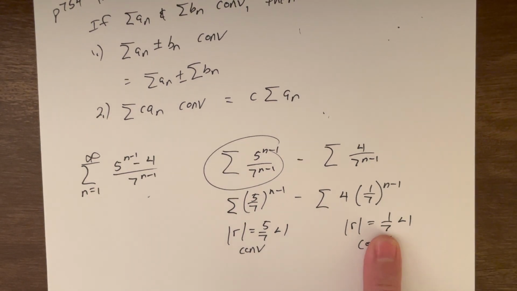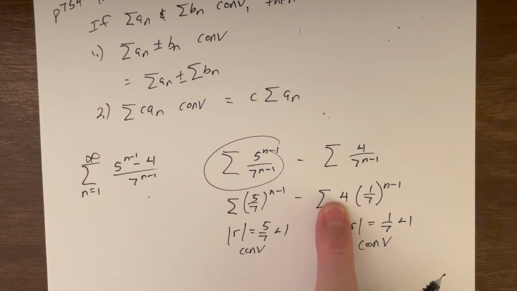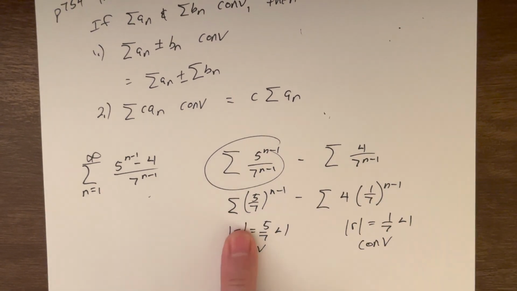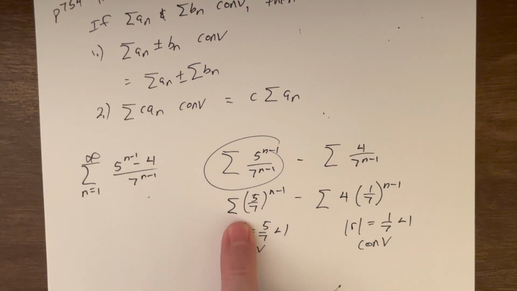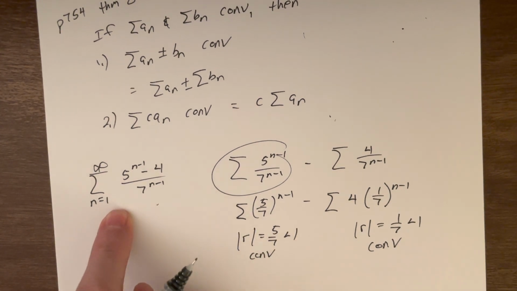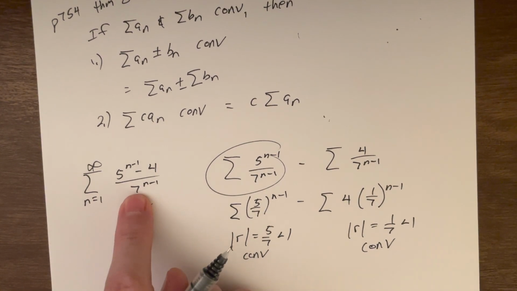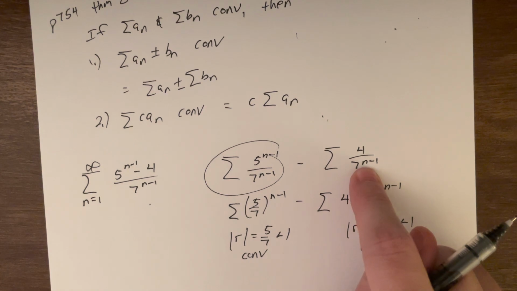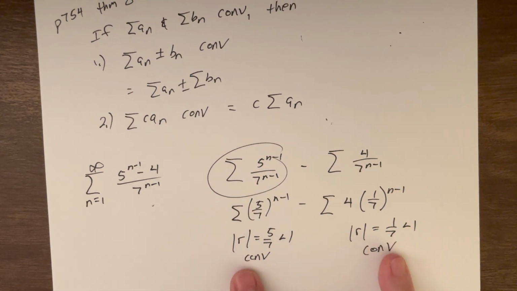So this converges with an extra multiplier, so the whole thing converges. This converges, so subtracting them will still converge. This can be broken into these two separate series because I realize these two separate series both converge.